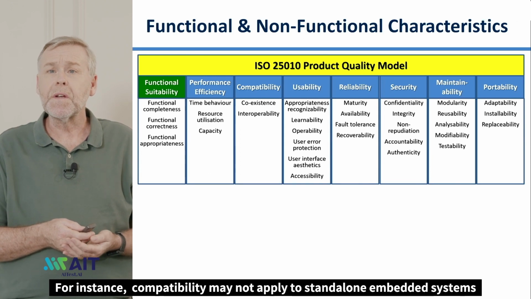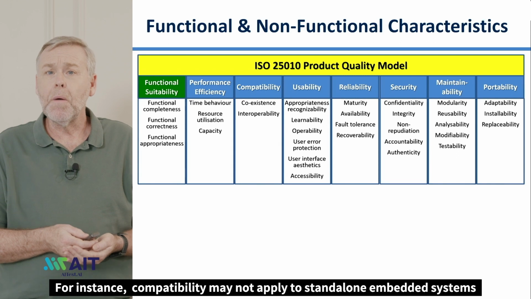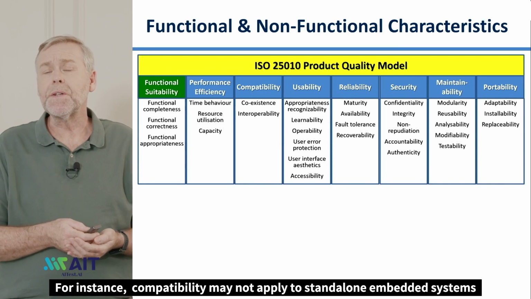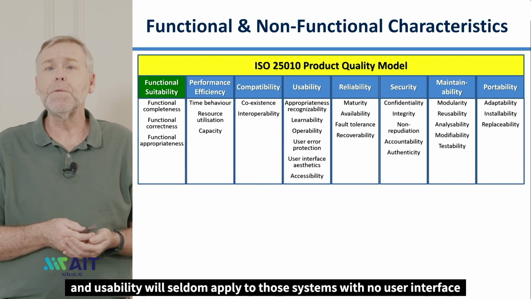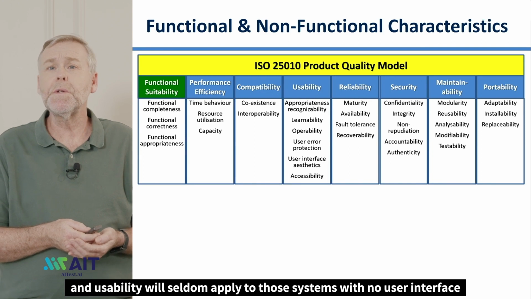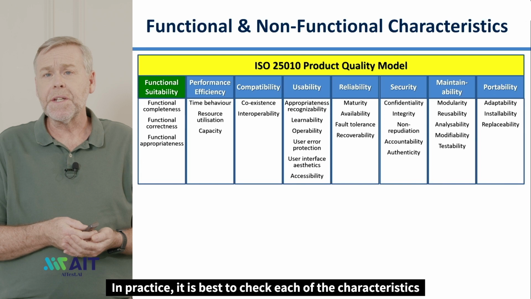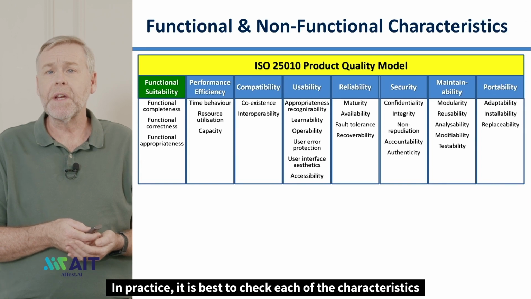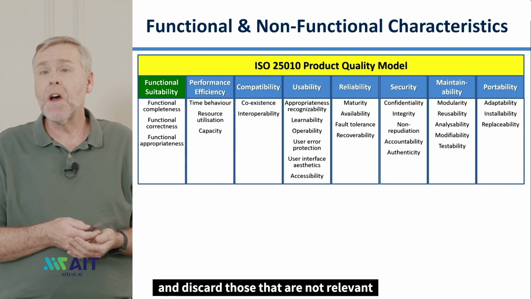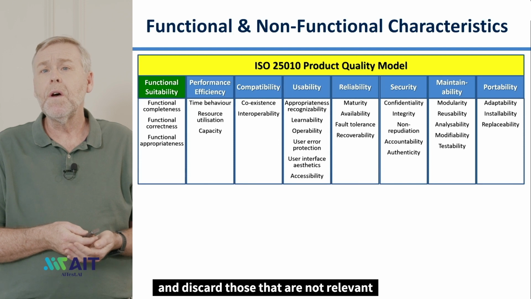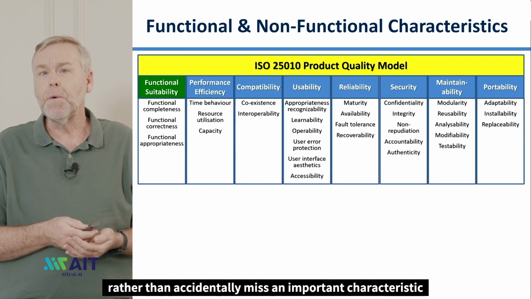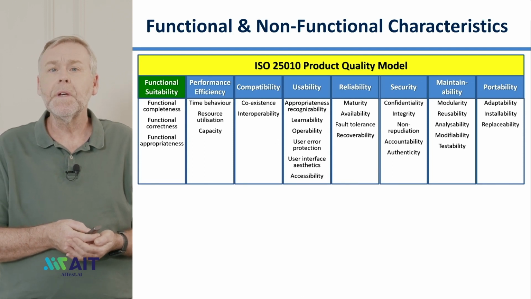For instance, compatibility may not apply to standalone embedded systems, and usability will seldom apply to those systems with no user interfaces. In practice, it is best to check each of the characteristics and discard those that are not relevant, rather than accidentally miss an important characteristic.